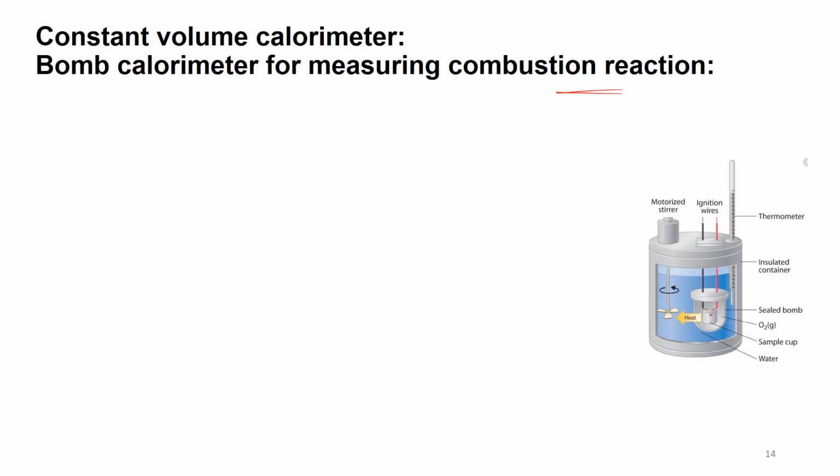In this small chamber we usually ignite our material in the presence of oxygen. This is why we need ignition rods or ignition wires to start the reaction. We also need a stirrer to stir the water. This will allow the mixing of the temperature in the whole system and will give us a corresponding temperature change.